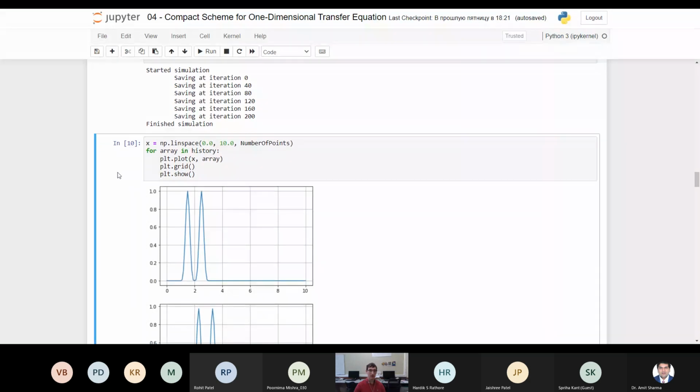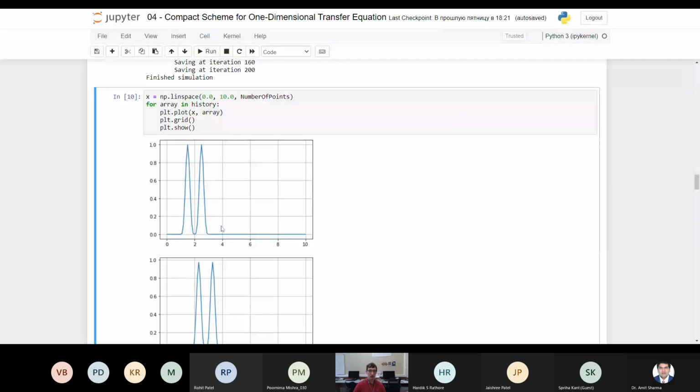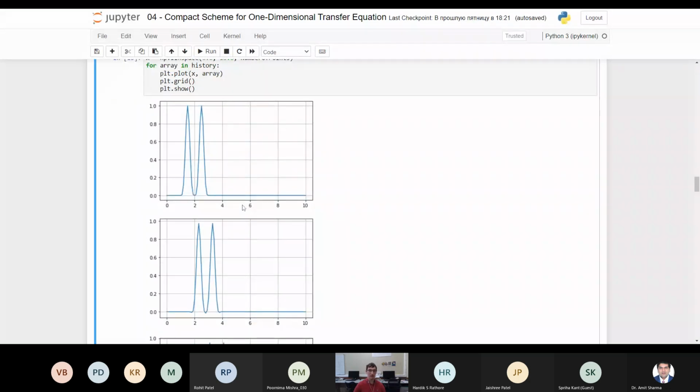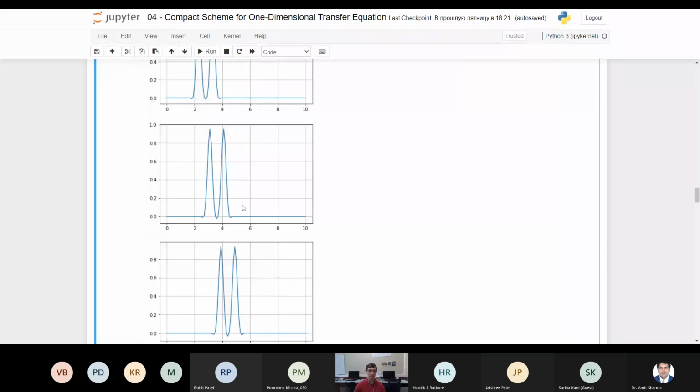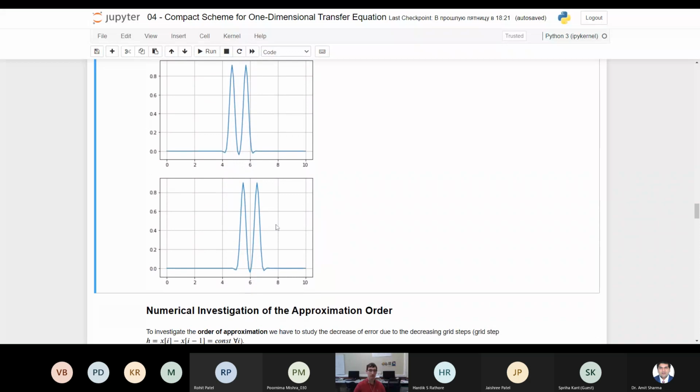And here we are just plotting the computed values. So this picture depicts the value at the starting point in time, our impulse. Then we see that this impulse is propagating to the right, and in the final point of the computation it reaches this position.